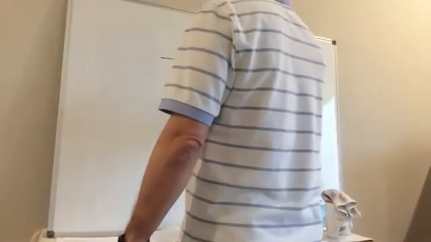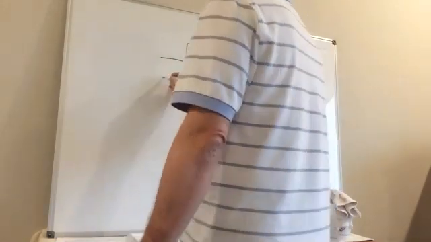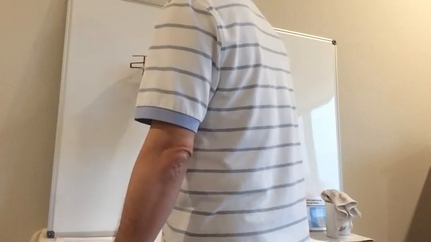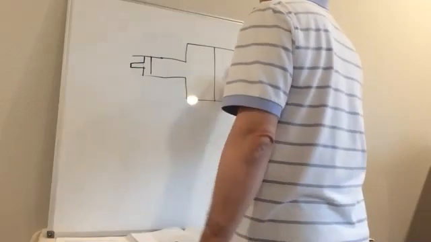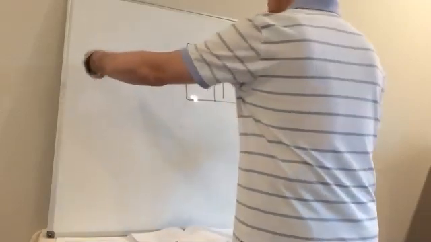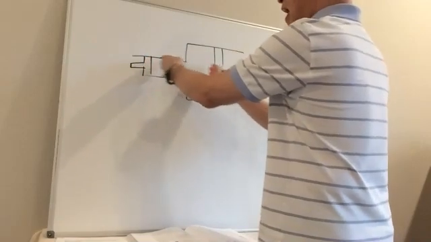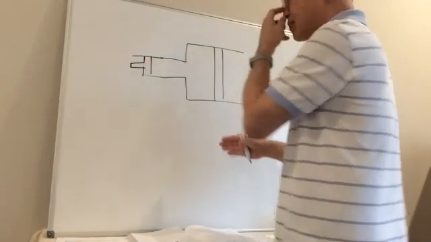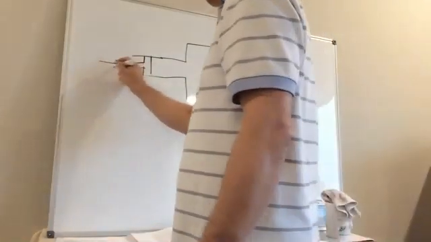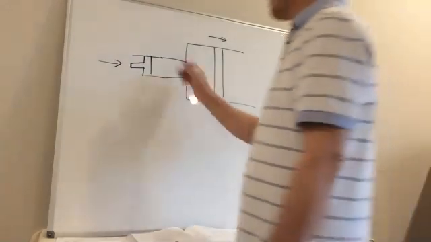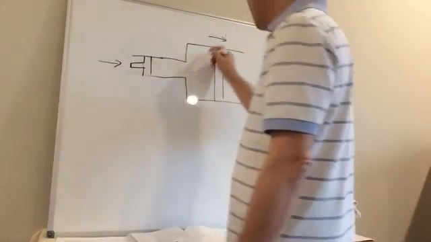The 2D version would look like this, right? You have a piston here. We're going to push this, and you have a piston on the other side. When you push this in, it is going to move because you're compressing the fluid in here, right? So if you move this, this guy is going to move also. The difference is that you have a smaller radius here and a larger radius here.